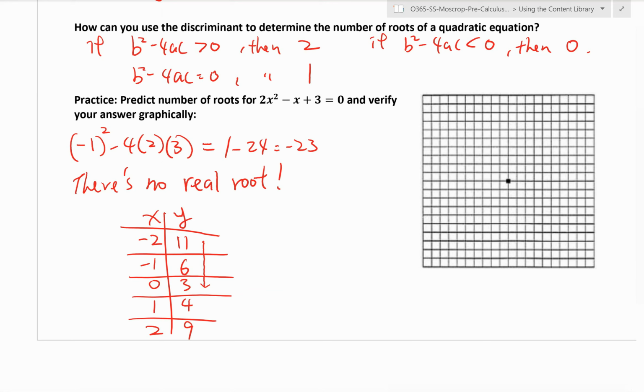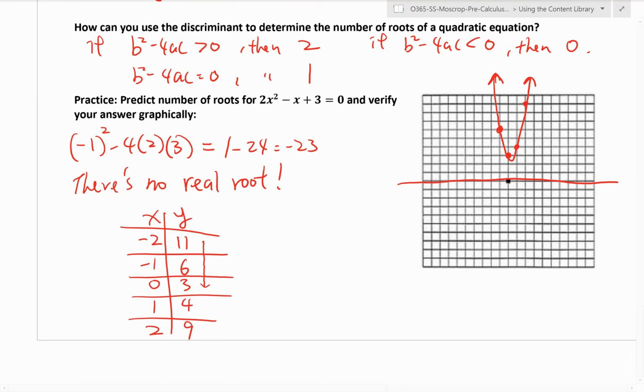So if you graph this, your graph should look something like this. Again, it will probably look something like this. Okay, and you can see clearly, because here's the x-axis, there's no x-intercept, there's no solution.